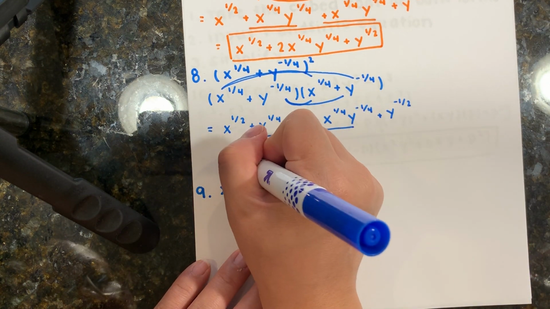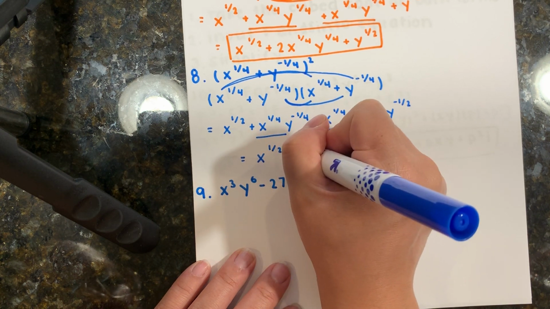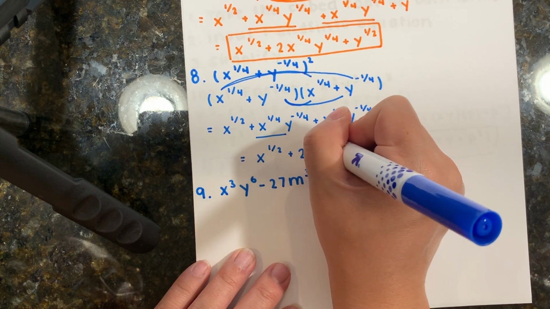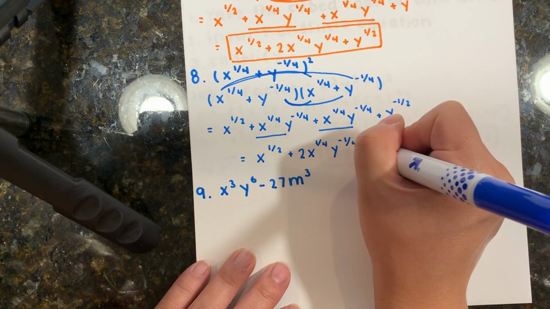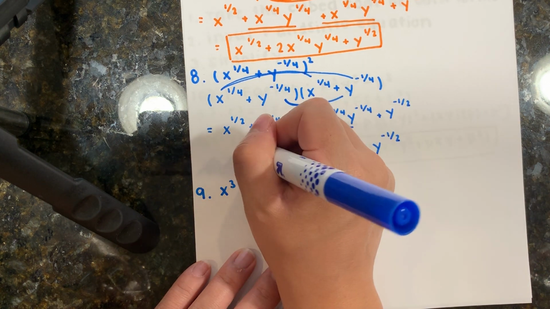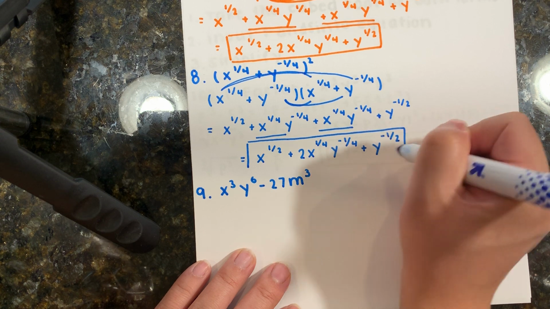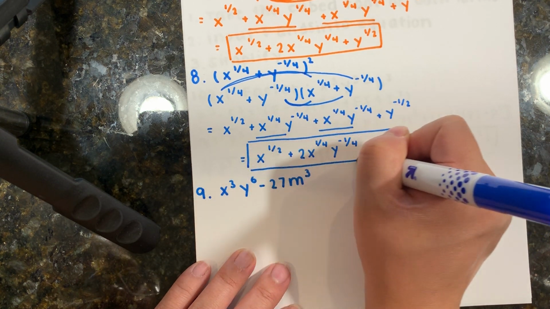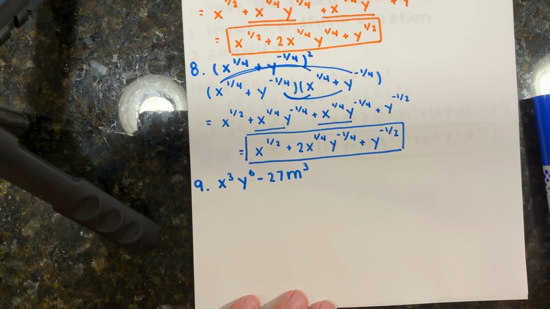So your answer should be x to the 1/2 plus 2x to the 1/4, y to the negative 1/4 plus y to the negative 1/2. So when you're multiplying bases that are the same, you add the exponents together. That's why we got the 1/2 and the negative 1/2.